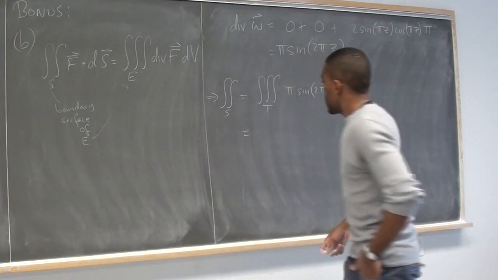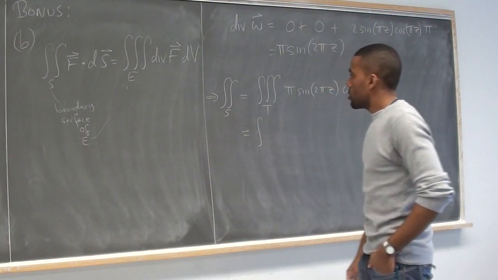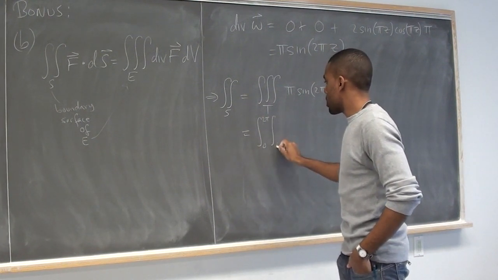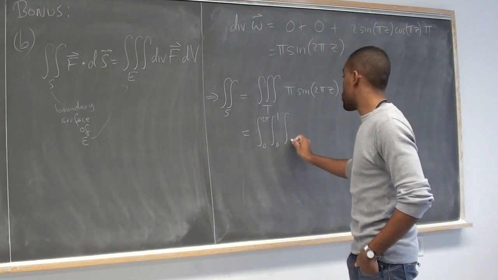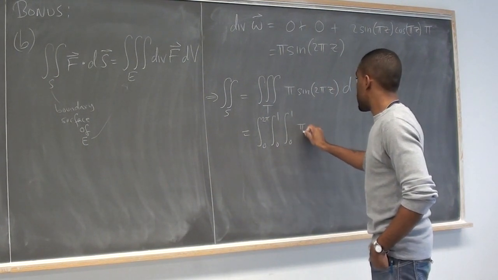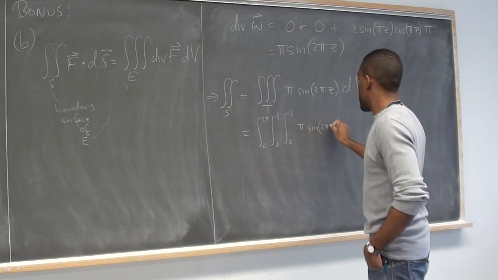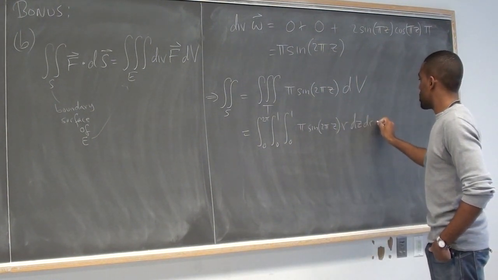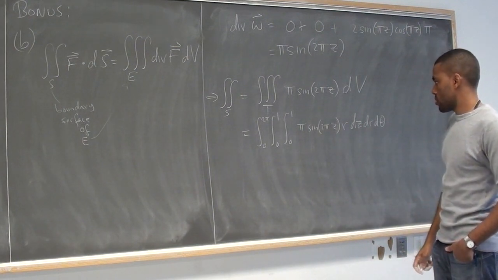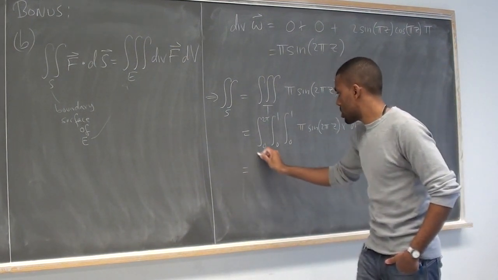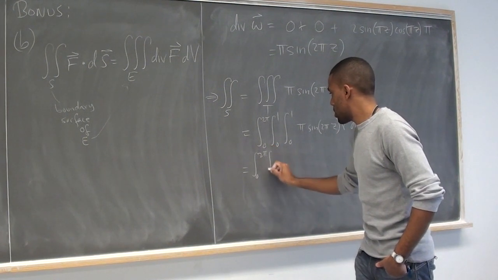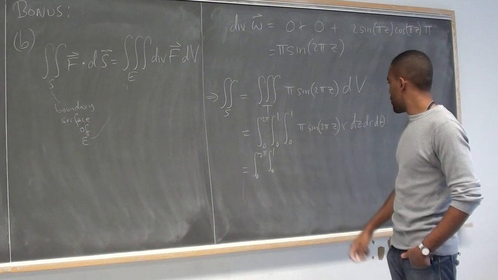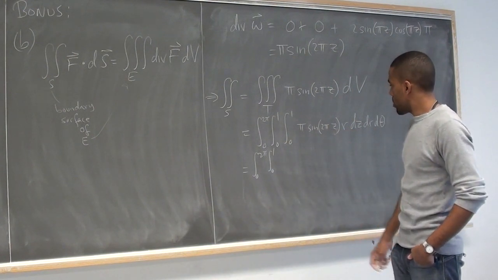Okay, so now if I set up this solid, I can let theta go from 0 to 2 pi, r goes from 0 to 1, z goes from 0 to 1 of pi sine 2 pi z r dz dr. So integrate this with respect to z, and we would get what?